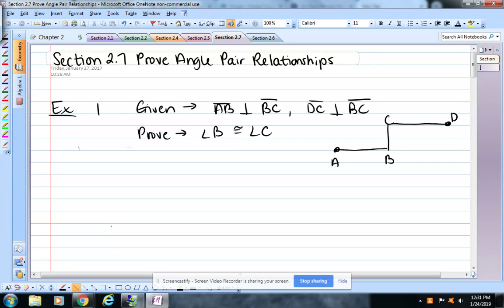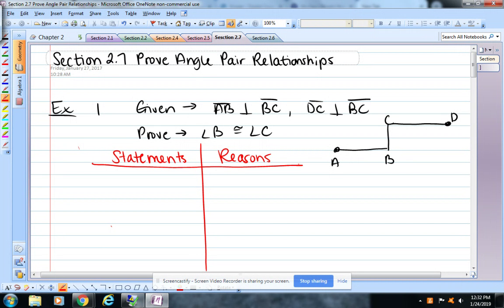This is actually a really simple proof if you use the properties and theorems I have given you. You're going to set up your two-column proof with statements and reasons, just like we will do all throughout this course. For everything we say, we have to prove it with a property, theorem, or definition that can be given as a reason.